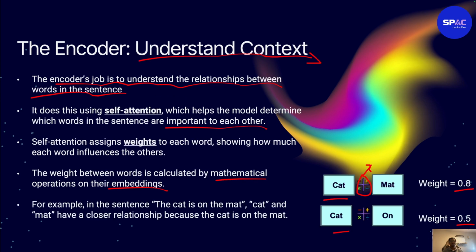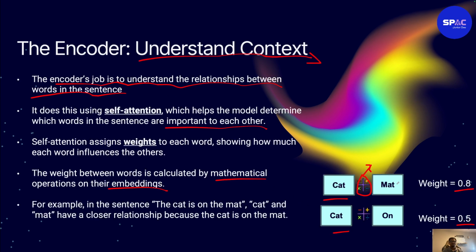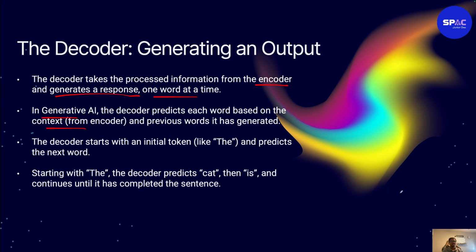Okay, so after the encoder has given you the relationship between words, say cat and math are really related, their weight is 0.8, cat and on, their relationship is 0.5, then the decoder will now take this information and use it to give you output, right? So in generative AI, the decoder predicts each word based on the context from the encoder. So the context is actually the weight between words, right? Don't forget that. And the previous word it has generated.